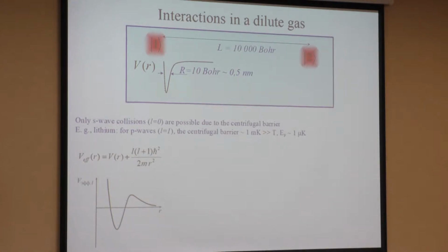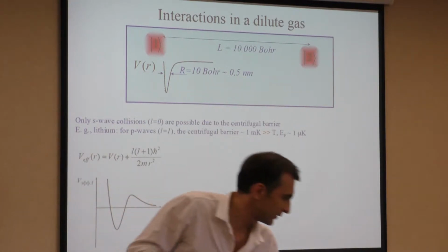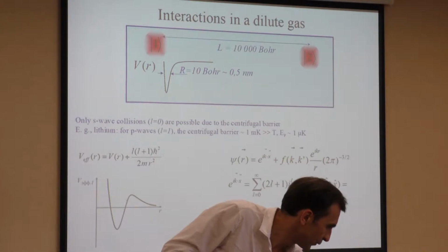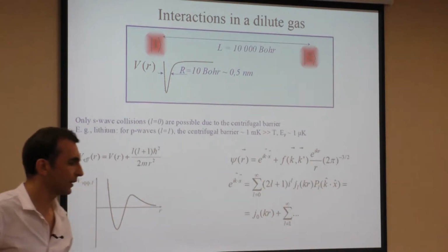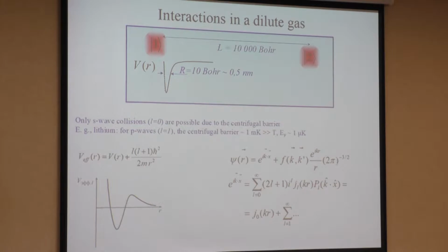To understand the interactions, let's consider expansion of the interactions in the partial waves, in the partial spherical waves. Let's consider this is the wave function of a pair of atoms.